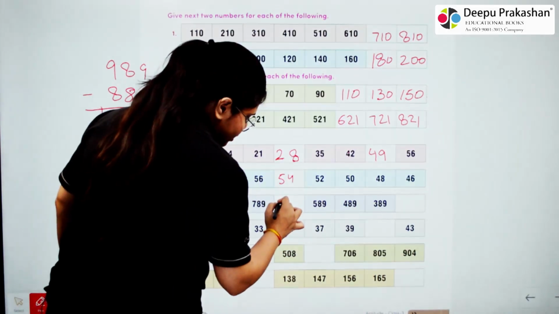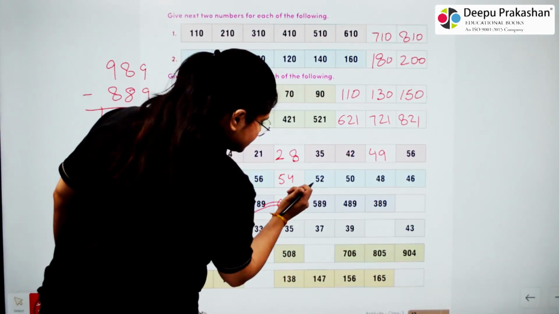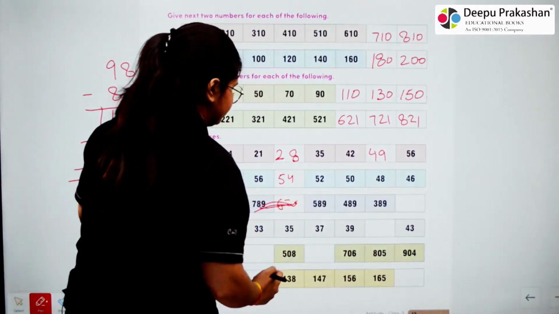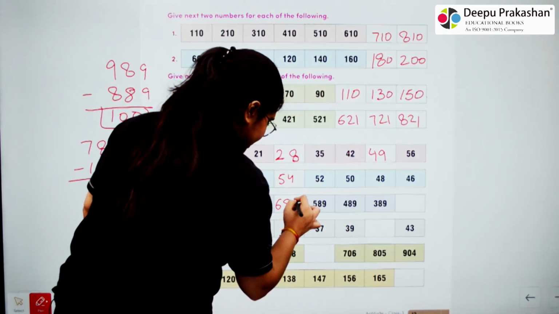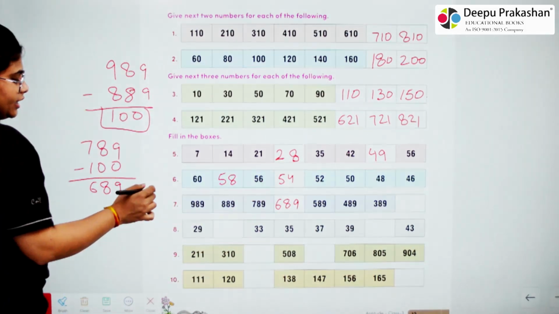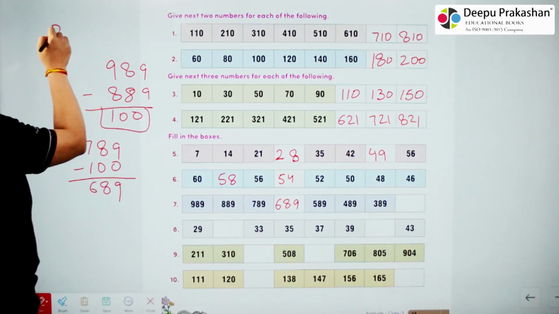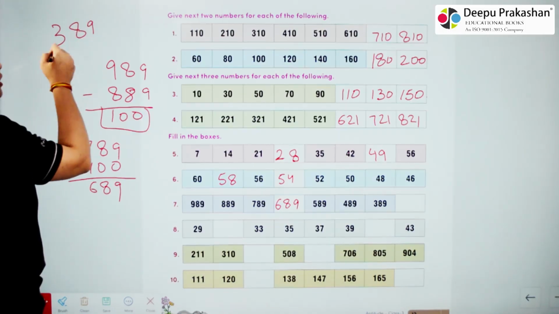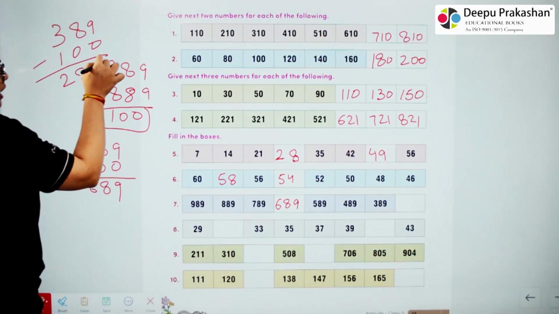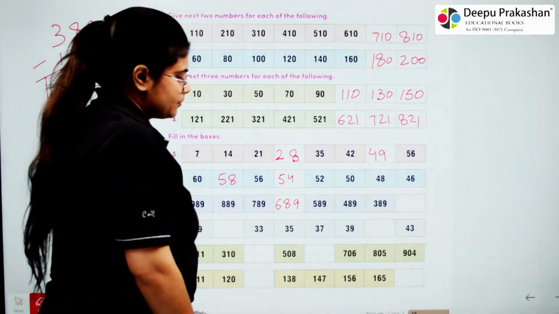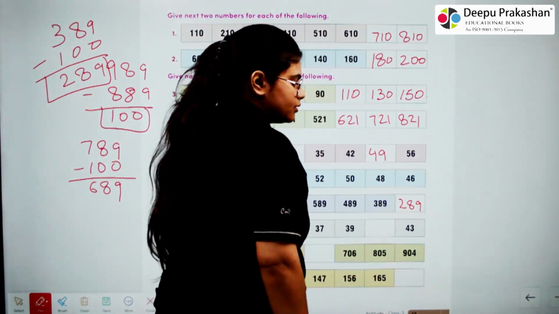So the first missing number is 689. For the second number, we need to subtract 100 from 389. So we will get the answer as 289. So the second missing number is 289.